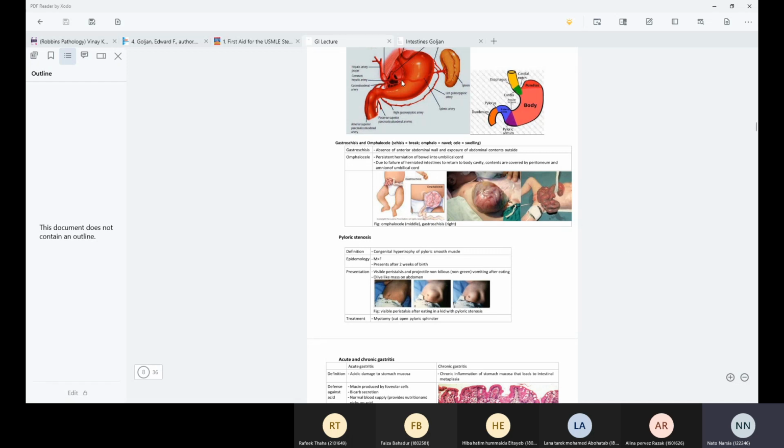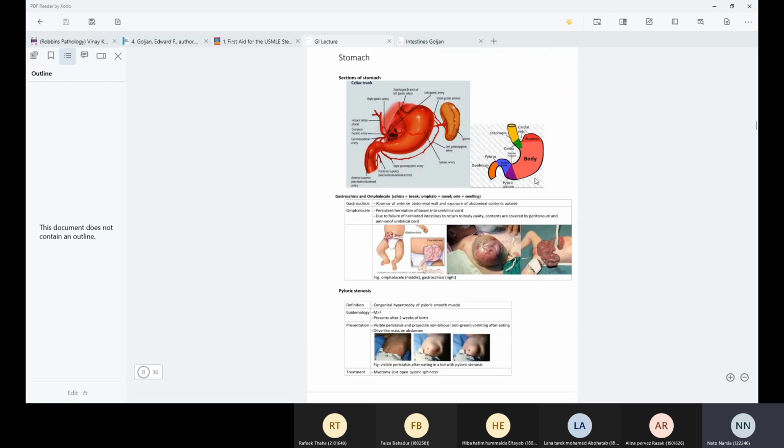Now come the inflammatory conditions of the stomach, and like everywhere, inflammation can be acute and chronic. Gastritis is inflammation, itis meaning inflammation, and you will have acute and chronic gastritis. What you need to know now is that pathogenesis differs.